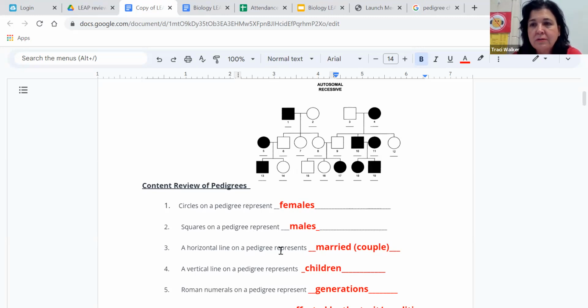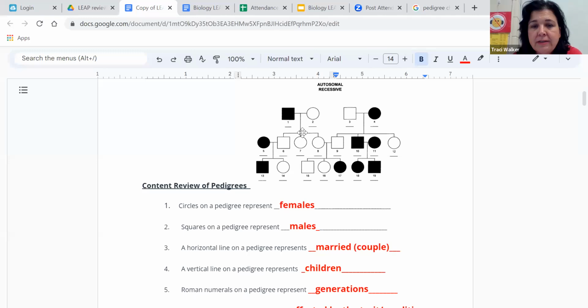Now a horizontal line on a pedigree means that the male and the female are a couple, probably married, and there's the possibility that they could have children. So this is the horizontal line. So these two could have children, these two could have children, these two, okay, like that. The horizontal line connects the middle of the shape, okay?